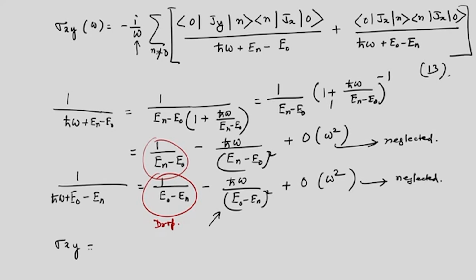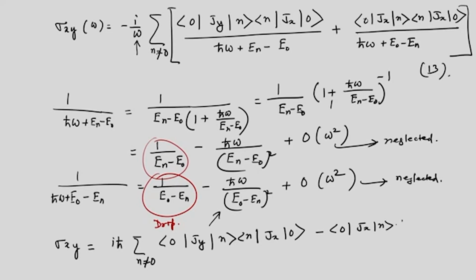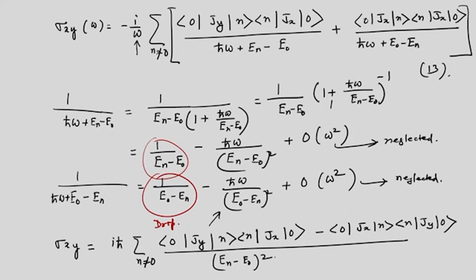So, it becomes a DC expression, and this is equal to iħ, again sum over n not equal to 0, of ⟨0|j_y|n⟩⟨n|j_x|0⟩ minus ⟨0|j_x|n⟩⟨n|j_y|0⟩, divided by either E_n minus E_0 whole square or E_0 minus E_n whole square, which are same. Okay. So, this is really the Kubo formula for the Hall conductivity.